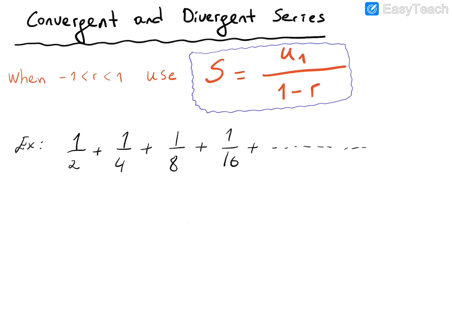Okay, this is the last thing we are going to learn: convergent and divergent series. An infinite geometric series is convergent if the sum tends to a finite value as the number of terms gets bigger. Let us write this down. This is really important.